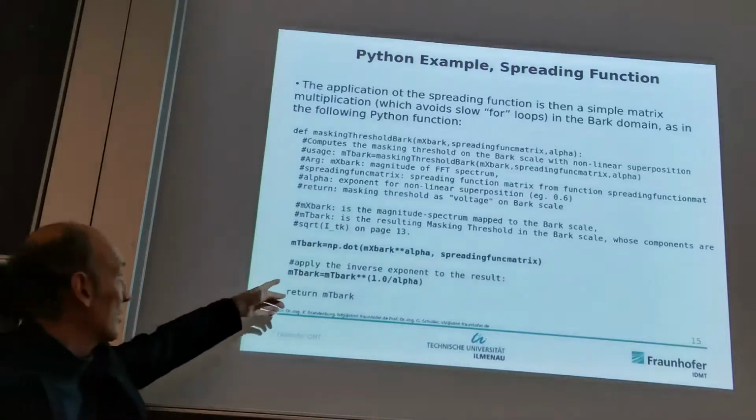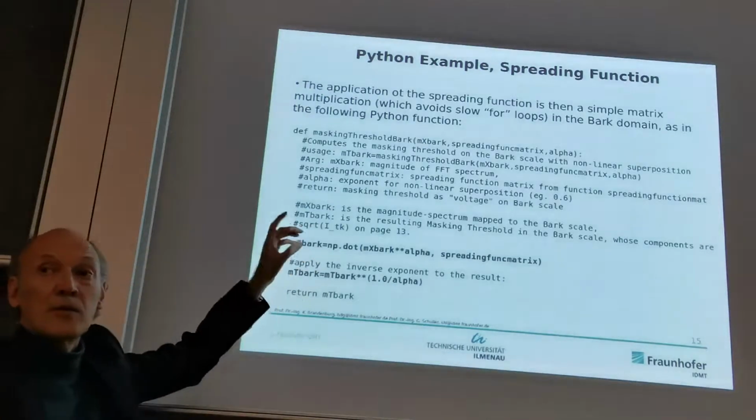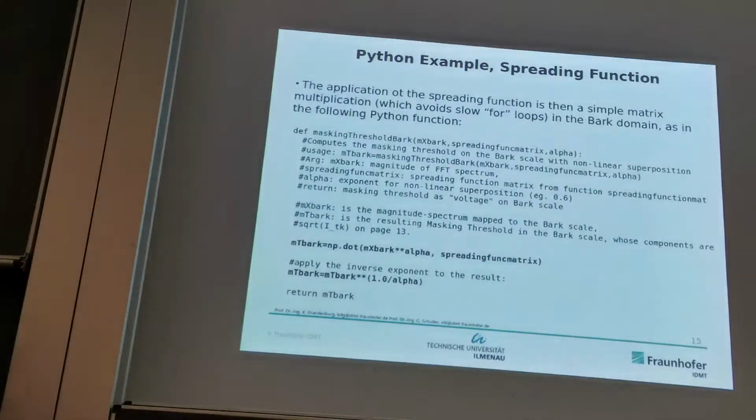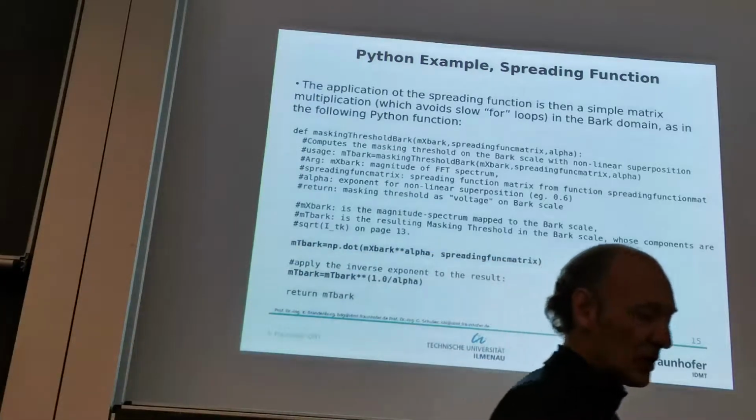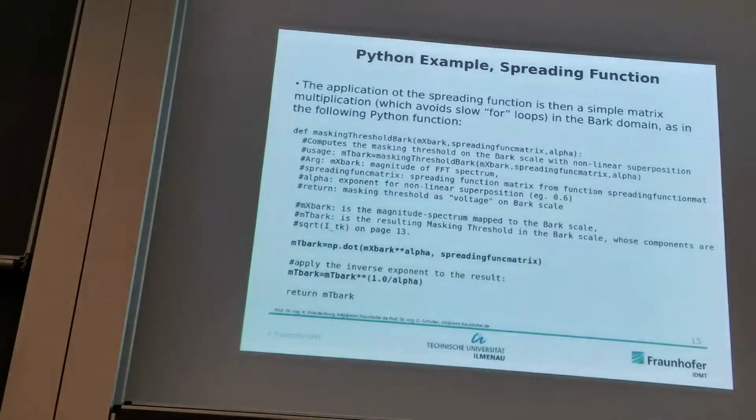Each entry tells us how much noise we can add, and we know how to compute the noise from the quantization step size. Still remember, what's the quantization noise power of a given step size delta? Delta squared by 12, exactly. So the quantization noise power is delta squared divided by 12.